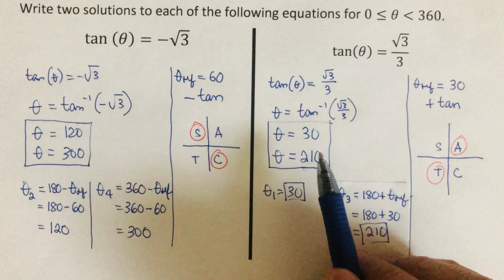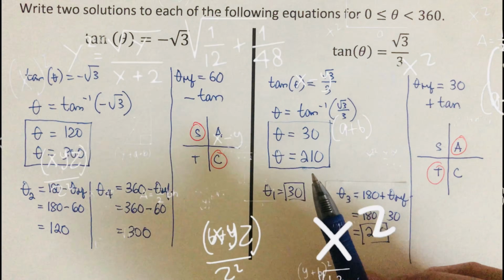Did you get the same answers as this? 30 and 210? Good. Perfect.